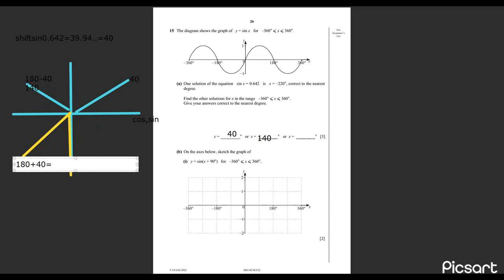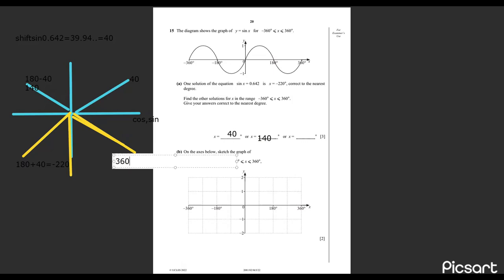Here the sign is negative, and also here the sign is negative, which will be 360 minus 40 degrees. So we write it with negative. Remember, the last x is negative, and each one has 1 degree. If you write it positive, it's wrong.